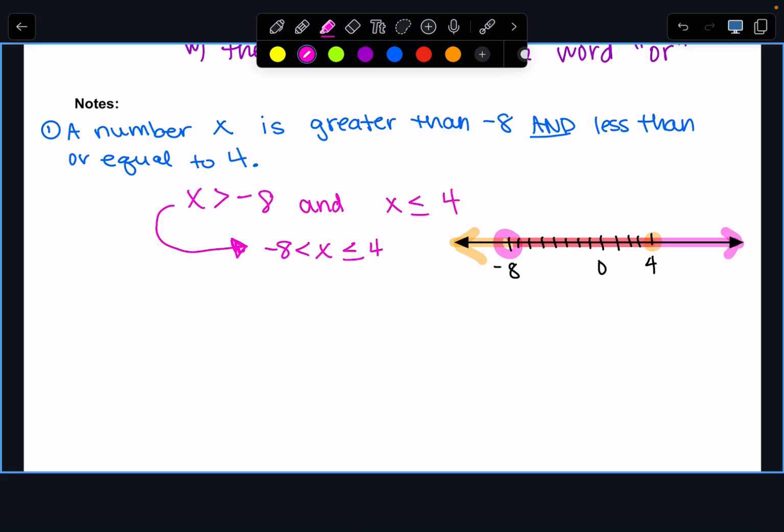So if we're greater than -8 and we're less than or equal to 4, yes, you can write it now. Okay, so I'm going to have a closed circle at 4, an open circle at -8, and I'm going to color in between. So it's like a segment.